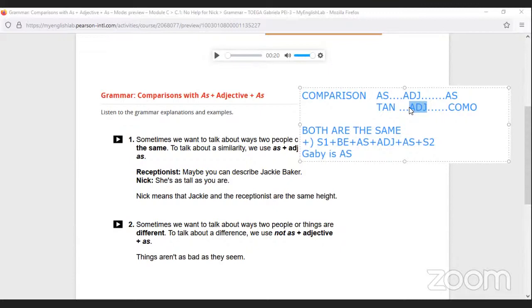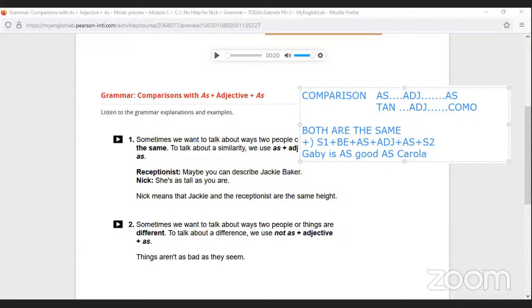The good thing in this grammar is that we don't have to use syllables in the adjectives. So it is much easier, okay? So Gabby is as good as, the second as, and my other subject.